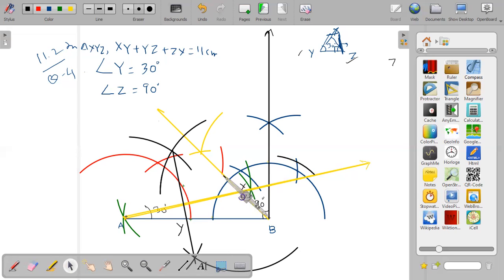From here, then better to draw that other side also.